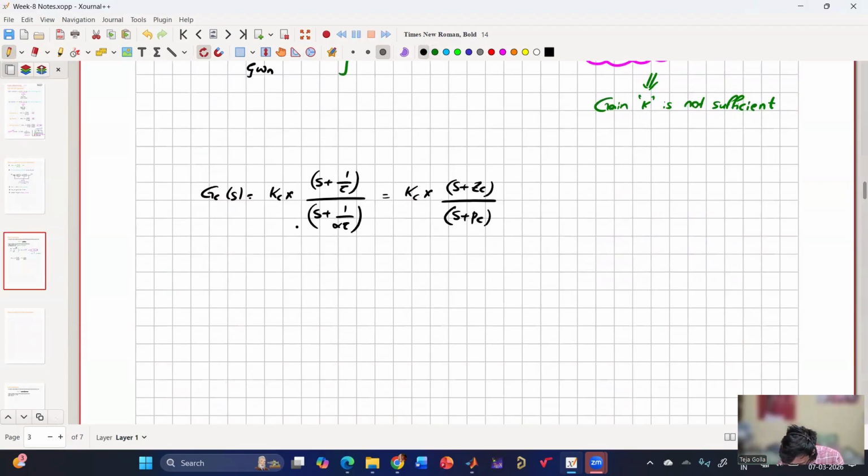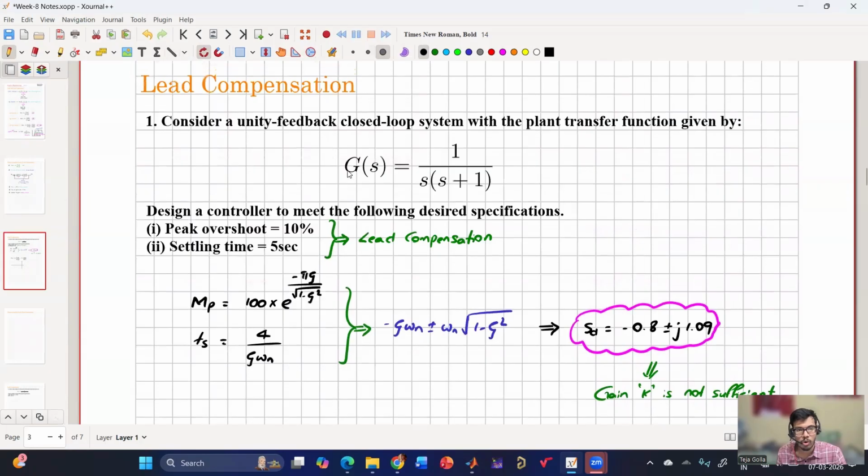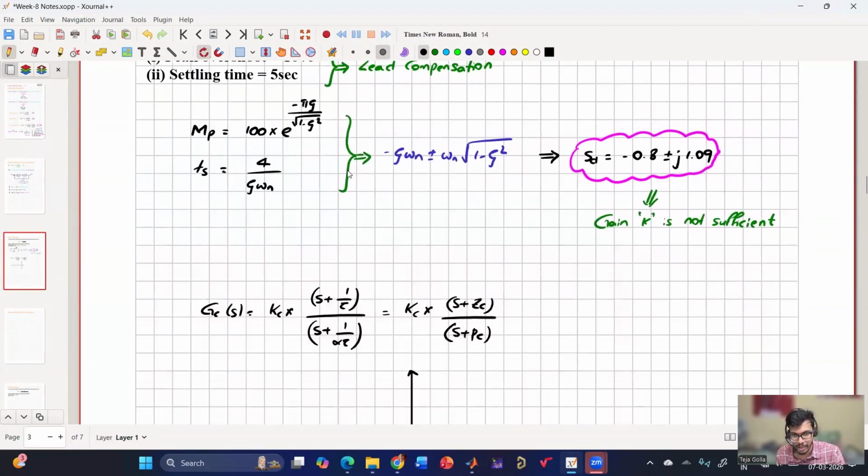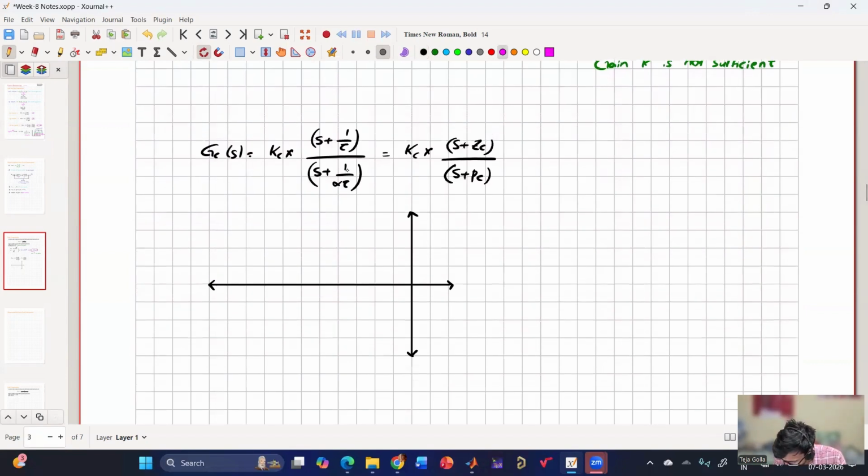So let me quickly draw the line. These will be the open loop poles, right? One is at 0 and one is at -1. And the other is the desired SD pole, here.